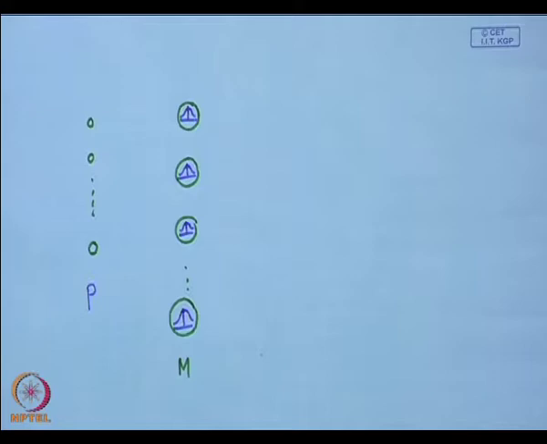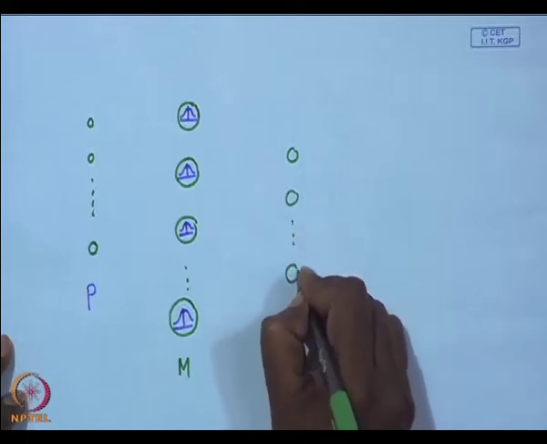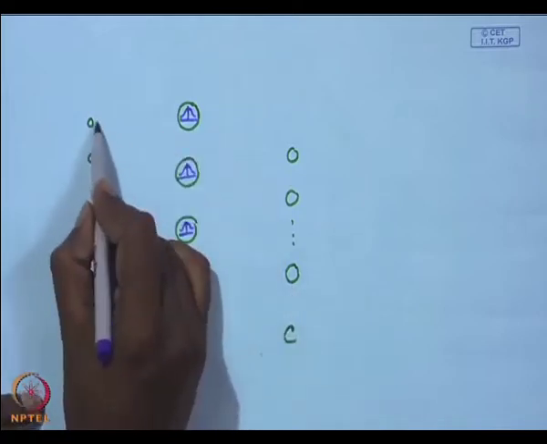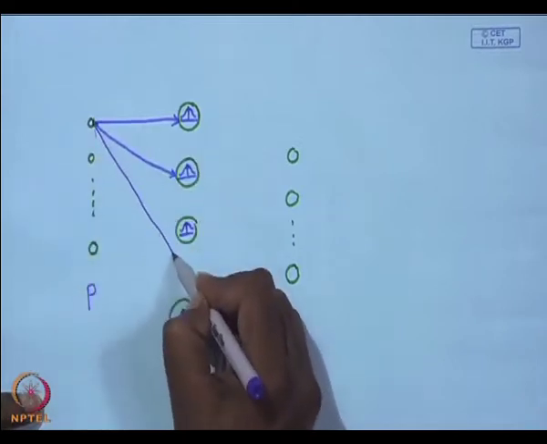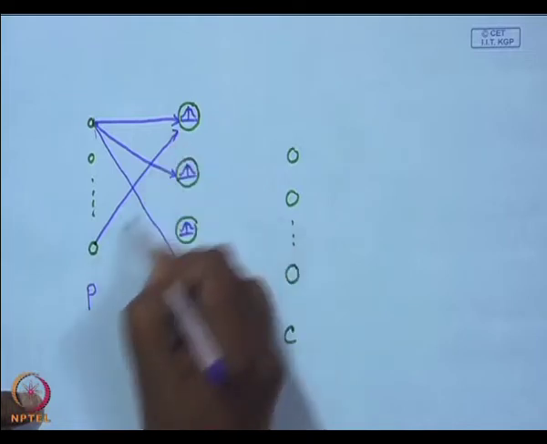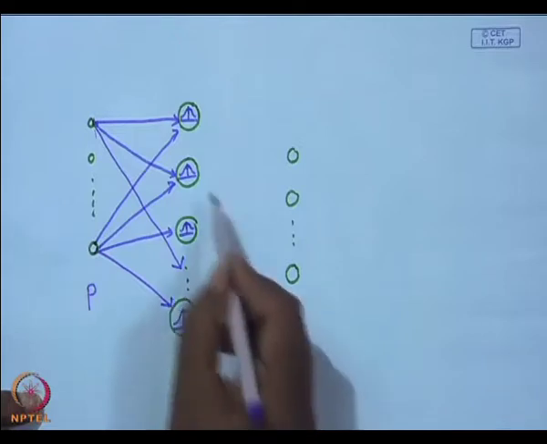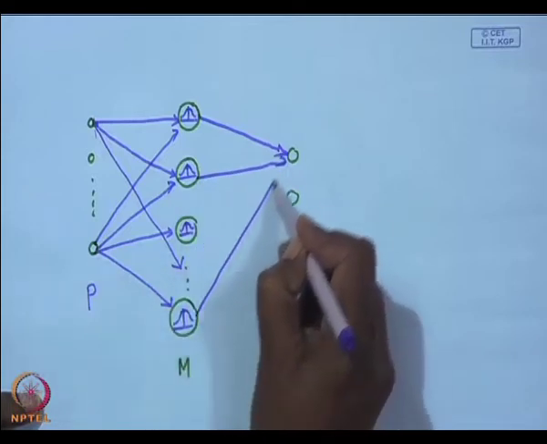Each node represents or computes a radial basis function, and in the output layer we will have a number of nodes which is the same as the number of classes, say C. Now, from each node in the input layer, I have a connection to each node in the hidden layer, and from each node in the hidden layer, I have a connection to each node in the output layer.